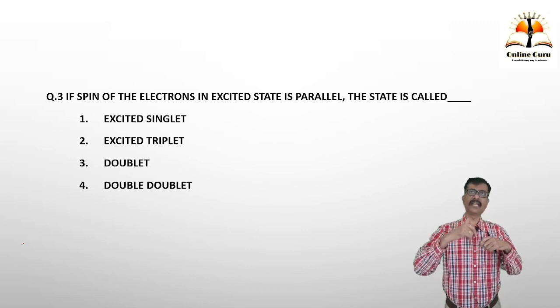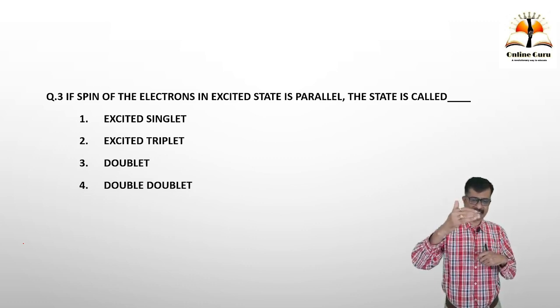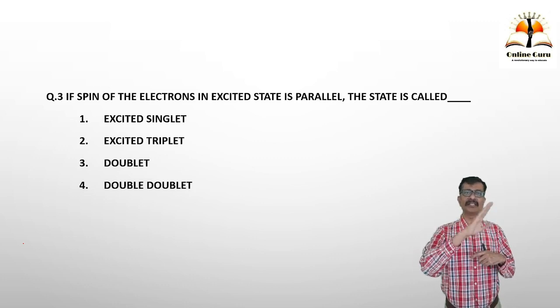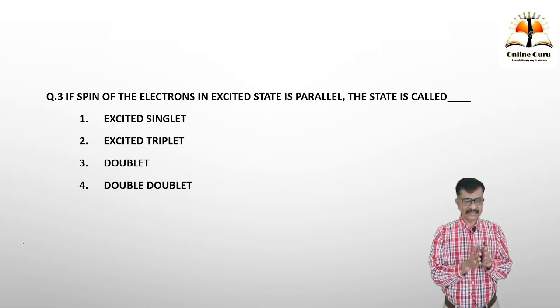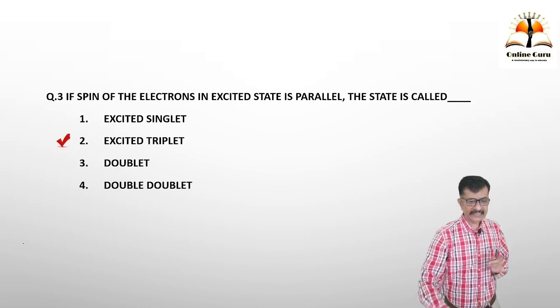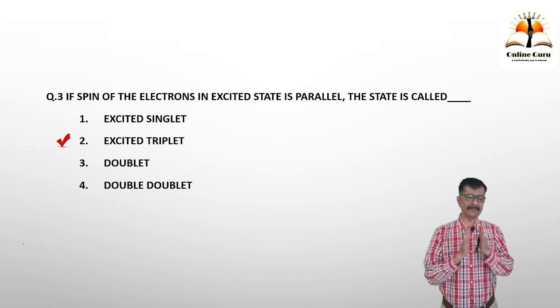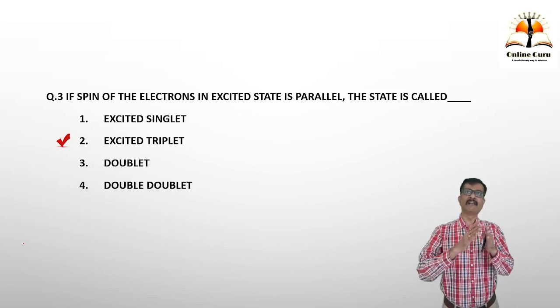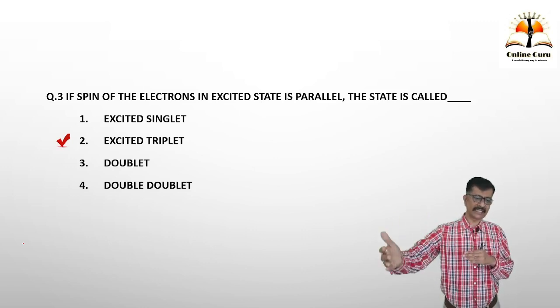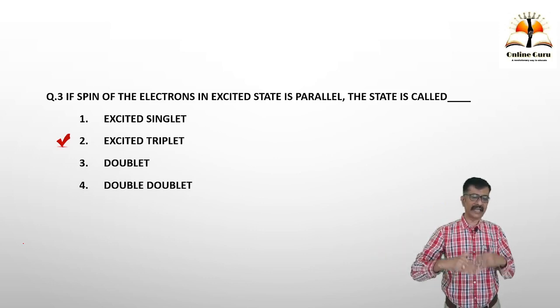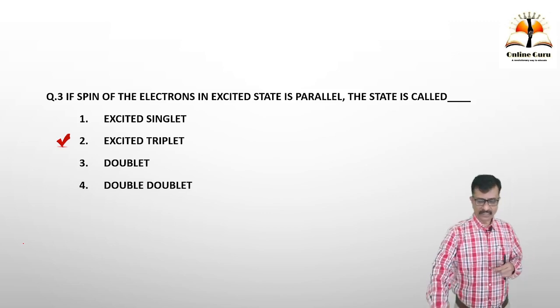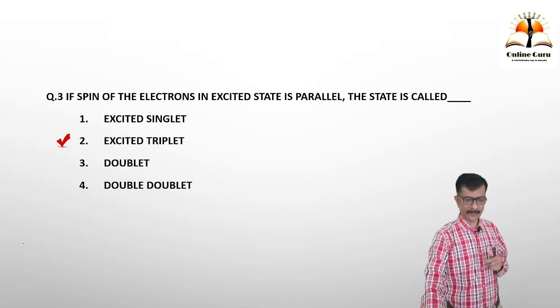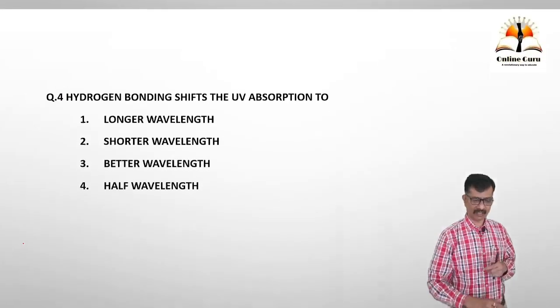If the electron shifts to the excited state and its spin changes, so that both electron spins are parallel to each other, then this is called an excited triplet state. This is a metastable state, and from the excited triplet state to the ground state, it emits radiation, that is phosphorescence. So this is typical of the phosphorescence phenomenon, where this situation occurs.